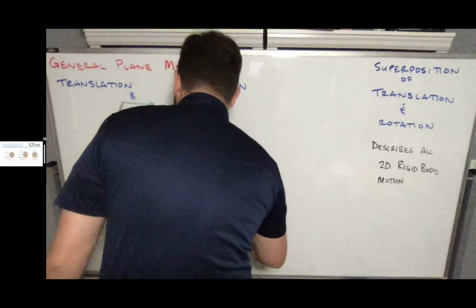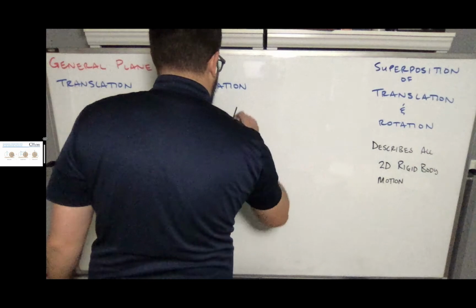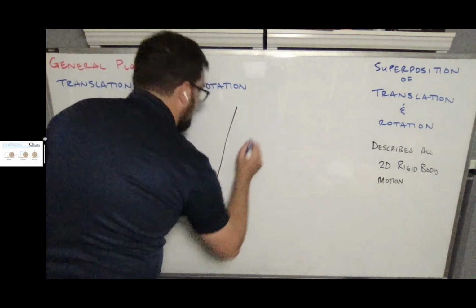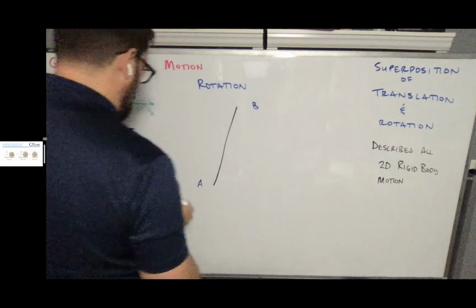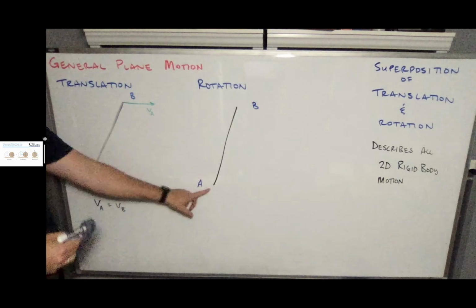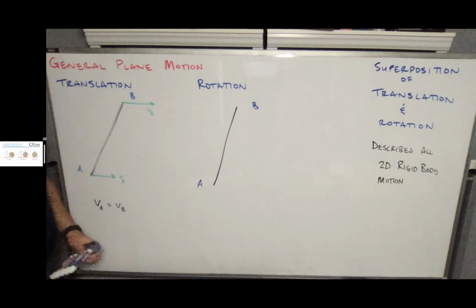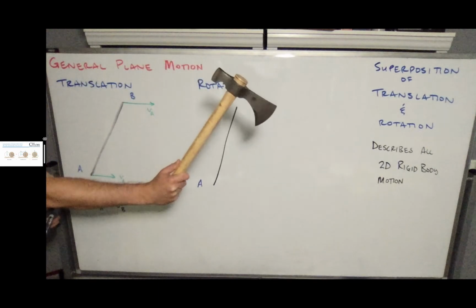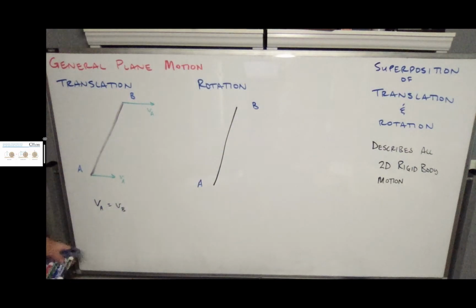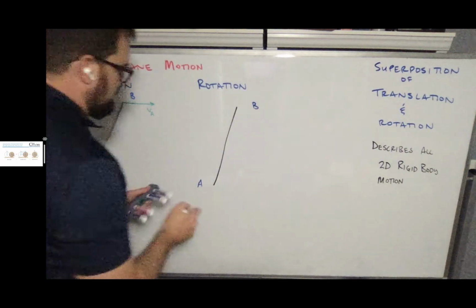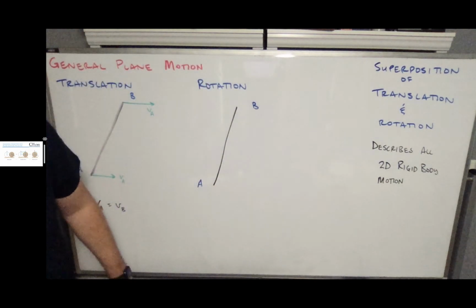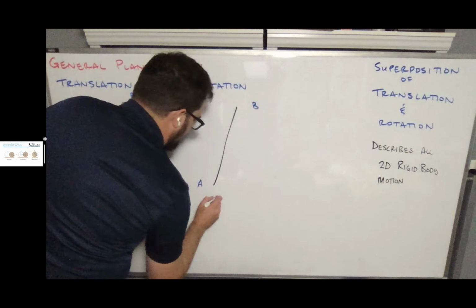Now, if we think about it as just rotating, we would draw a kinematic property diagram also with points A and B. And we would keep in mind that we knew the velocity of A over here. So now we want to think about the velocity of B. Here we were looking at the tomahawk just translating; here we're going to look at it just rotating around point A. I'm going to draw it as rotating in the positive direction.